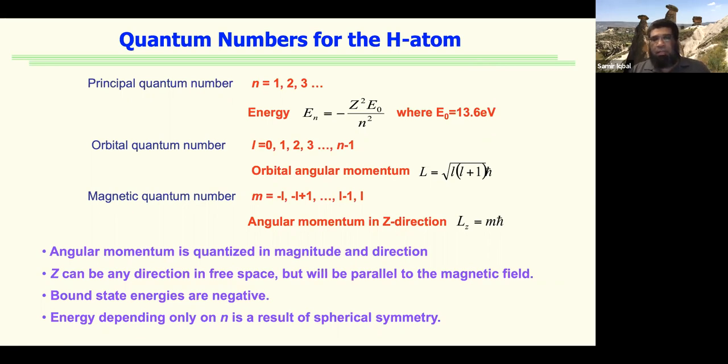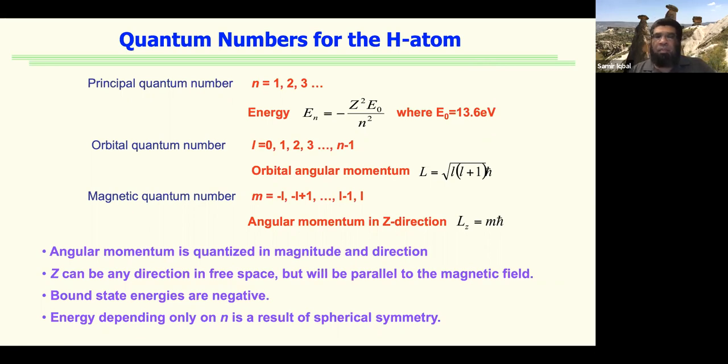The relationship is En equals Z squared E naught over n squared, where E naught is the base energy, 13.6 electron volts.